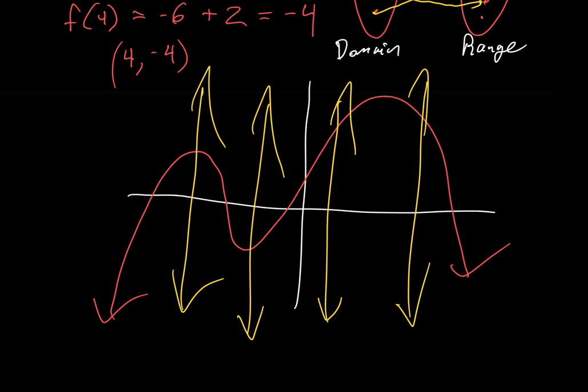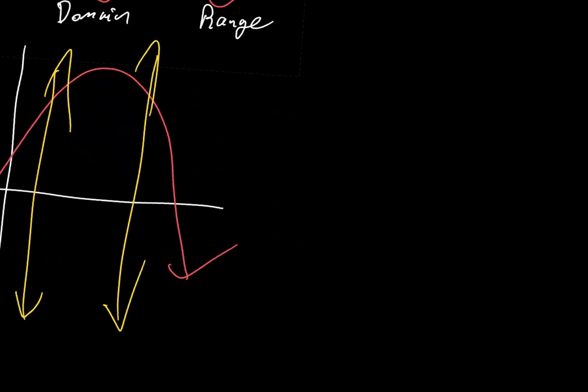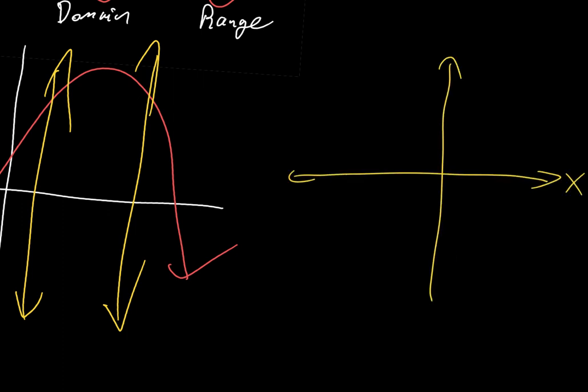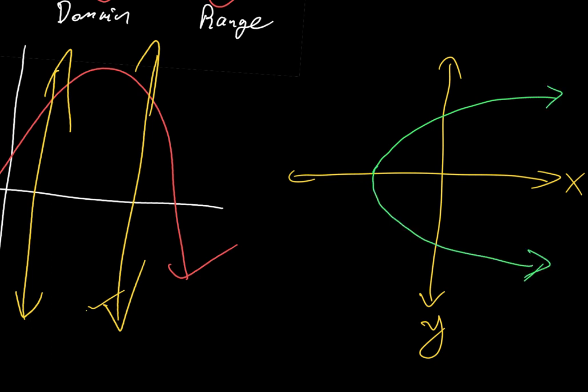If I have another graph here, x, y, and if I have a graph here that looks like a sideways parabola, and if I do a vertical line, it touches the graph here and here, which means that for this x value, whatever that is, there is a y value up here and a y value down here, so y1 and y2, they're two different values.